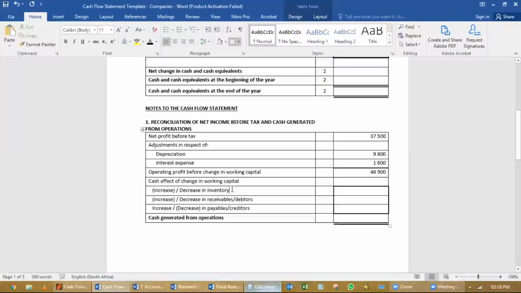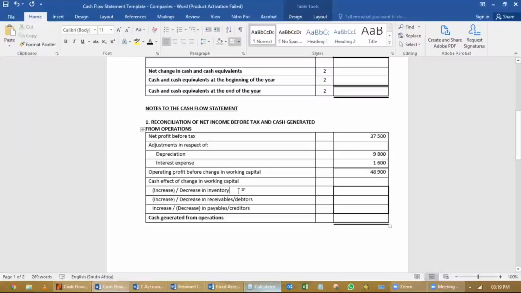Because if my inventory increased, it means I spent more money on buying more inventory, right? And if I bought more stuff, spending more money, that money left my bank account, which means there was an outflow, therefore it will go in brackets. So if there's an increase in my inventory, I spent more money on the inventory, so there was an outflow of cash, so it will be in brackets.